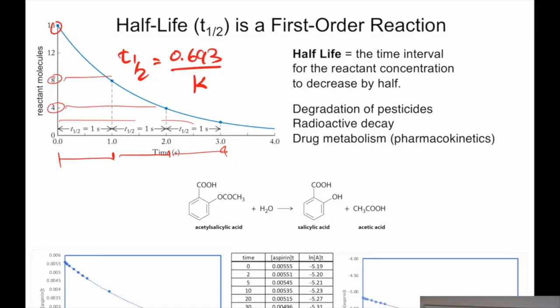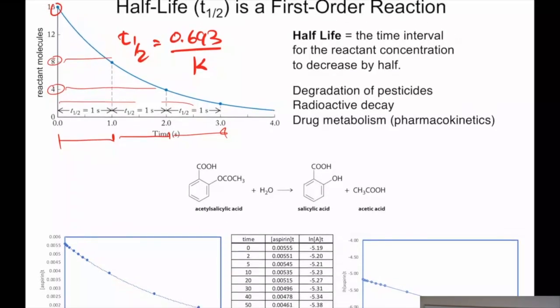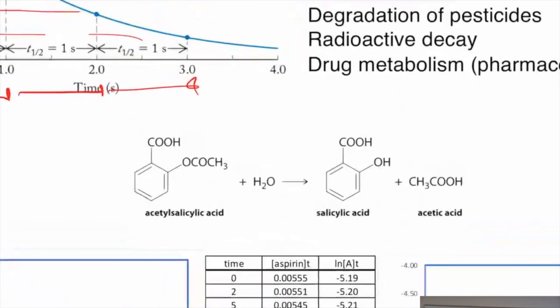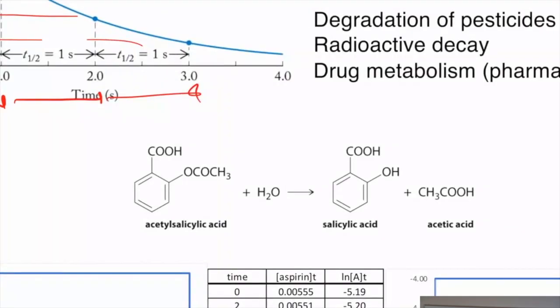Lots of things follow first-order kinetics as they decay. By the way, here are your formal definitions up here. For example, the degradation of pesticides, radioactive decay, drug metabolism. These are things we care about a lot. If you take a drug, like let's say you take some acetaminophen, which is not quite what acetylsalicylic acid is.